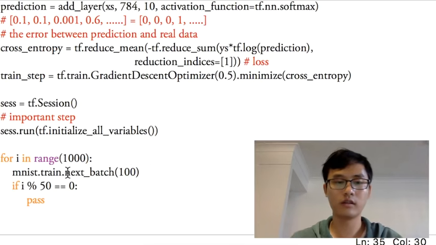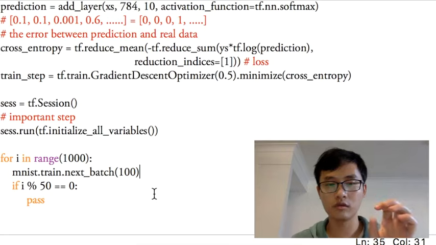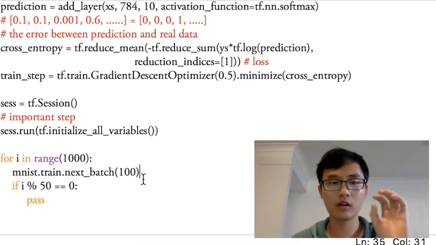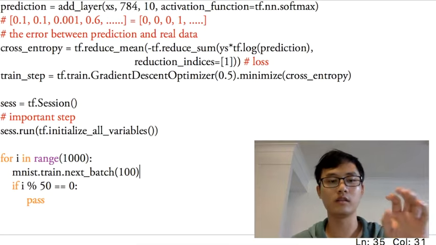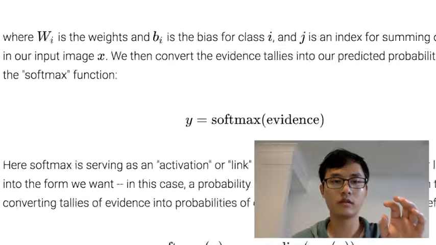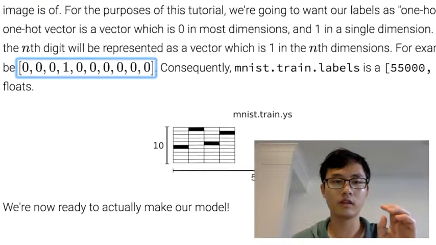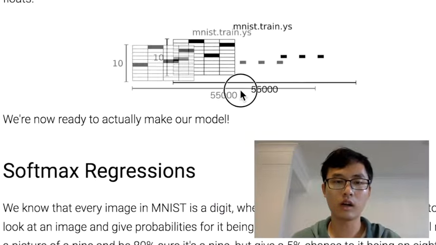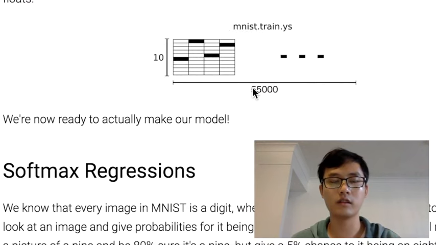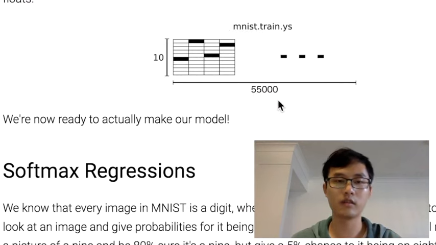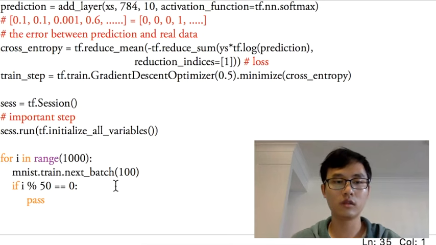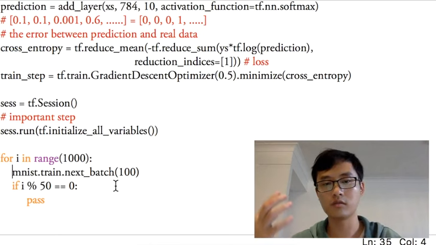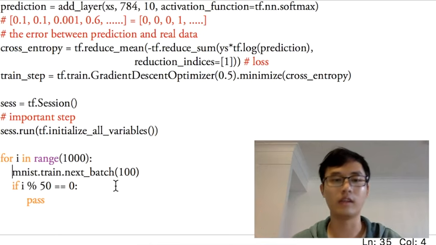Next batch. What this means is to only choose 100 samples from these 55,000 samples. Only choose 100 each time from the 55,000 data, and to do so, the gradient descent is going to become stochastic gradient descent.